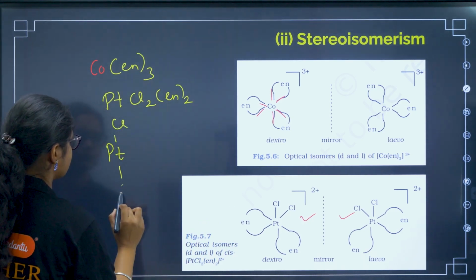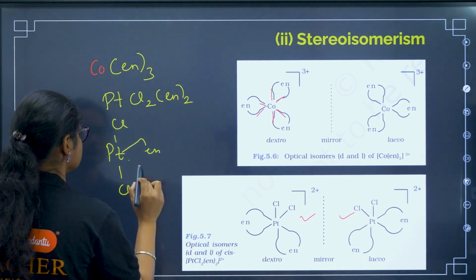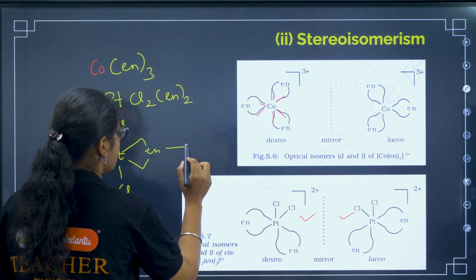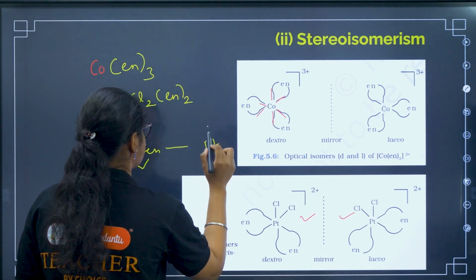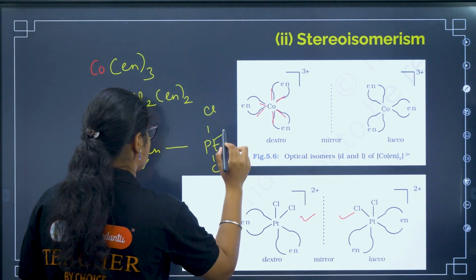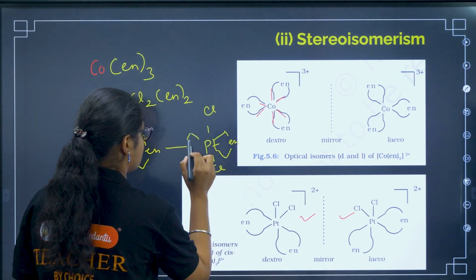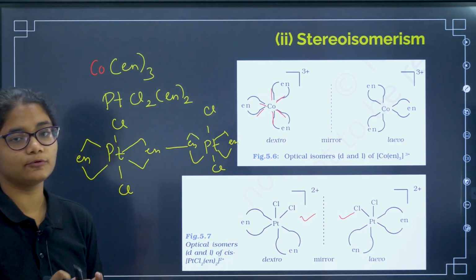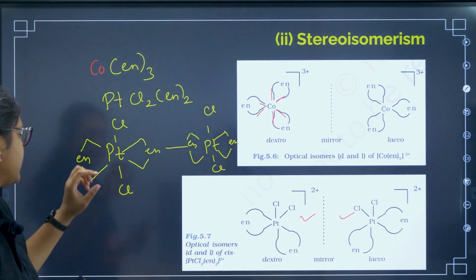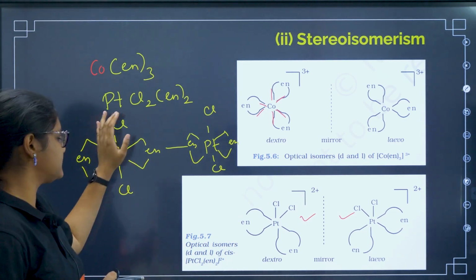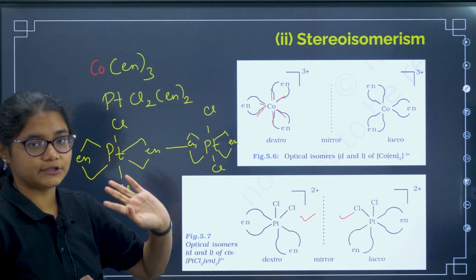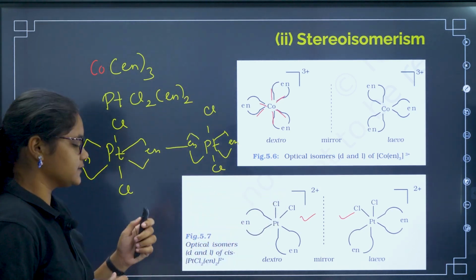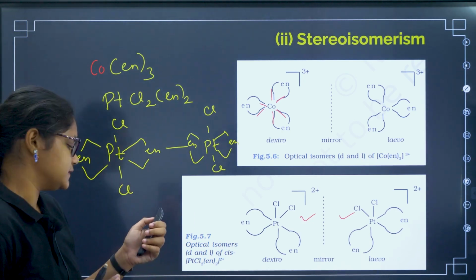If I draw the trans form, this is the trans form and the mirror image will be the same, right? Now you see these two mirror images will be superimposable on each other. So what we can say, the trans form of PtCl2(en)2 is not a stereoisomer, but the cis form is a stereoisomer, right? Okay, so these were all about optical isomers.